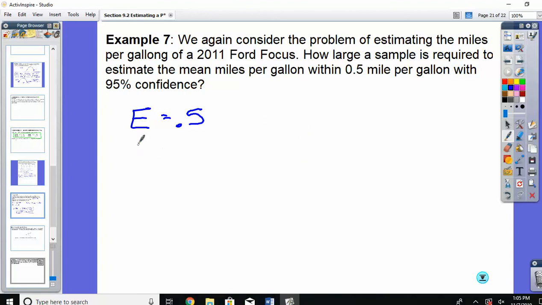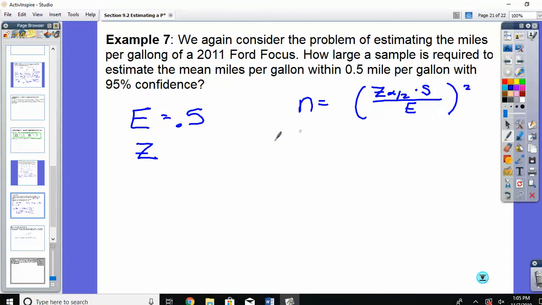Okay, so we know, let's see, we need our z alpha over 2 if we're going to use this formula. So I'm trying to use my n equals z alpha over 2 times s over e squared. So we're going to use that formula. So we need to find all these variables.